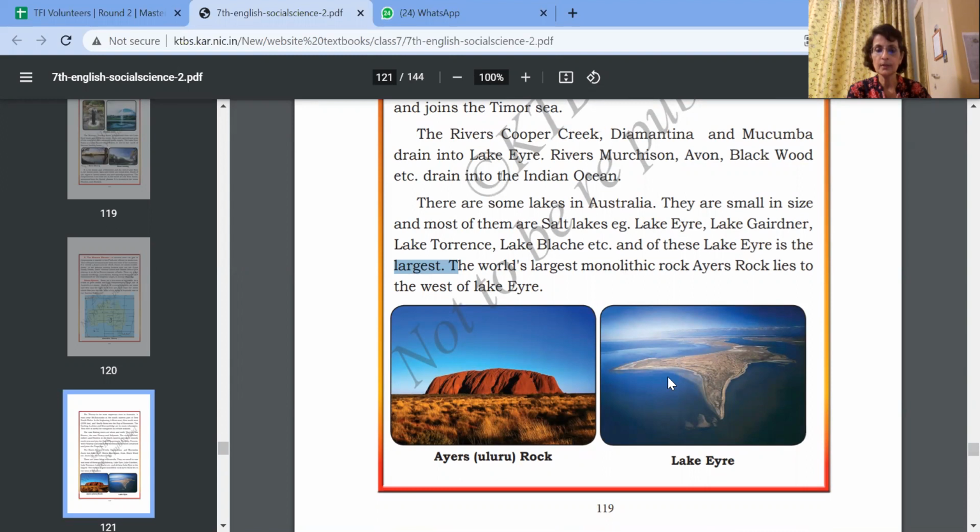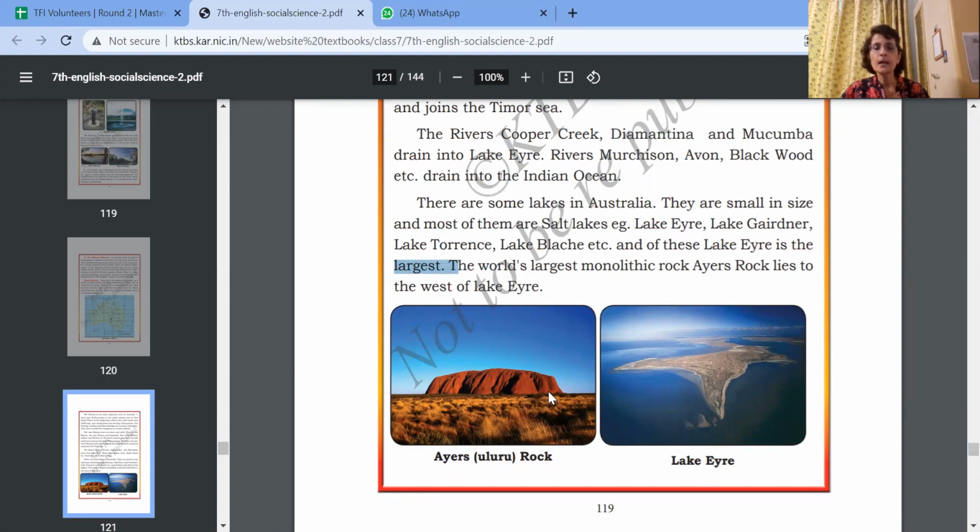Lake Eyre. Okay, and this is what is called a monolithic rock. It is called Eyre's Rock. That means that it is made of one large piece of stone, and it is the world's largest monolithic rock, Eyre's Rock. You can mark this as important because it's a very interesting fact.